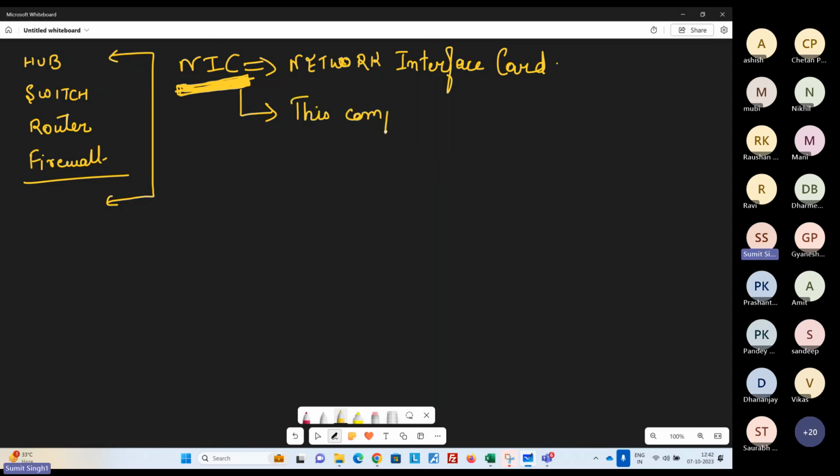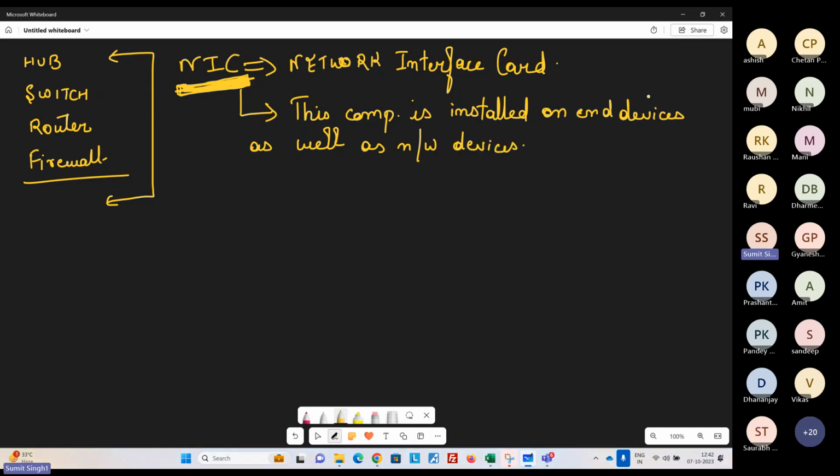This component is first of all installed on end devices as well as network devices. When I'm saying end devices, guys, I'm talking about PCs and servers majorly, as well as network devices.